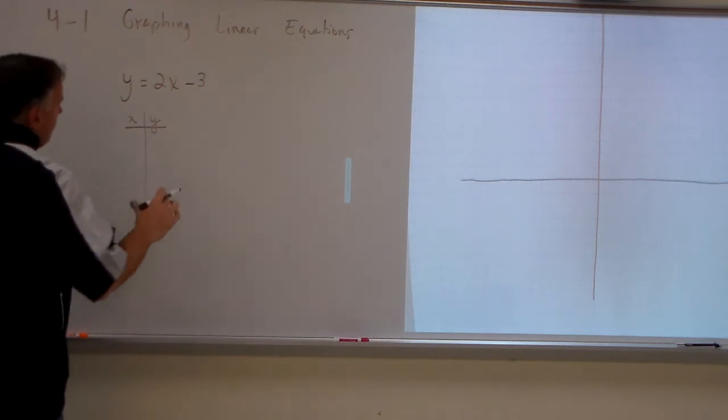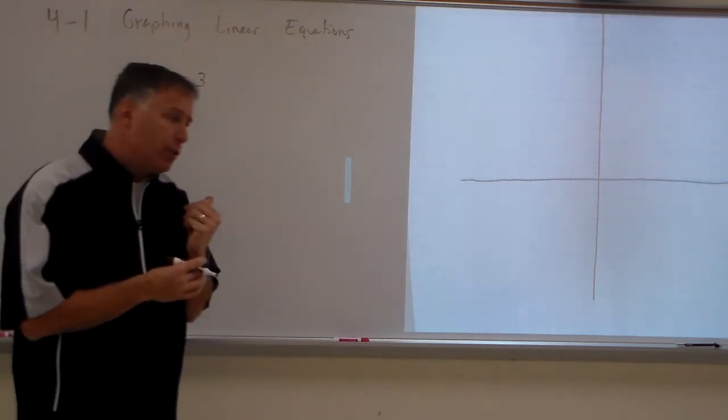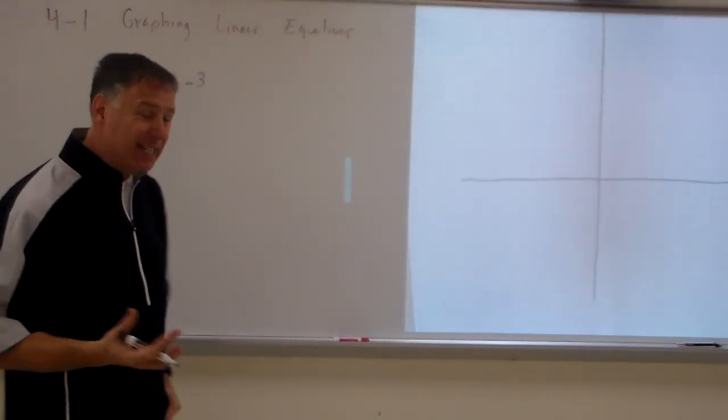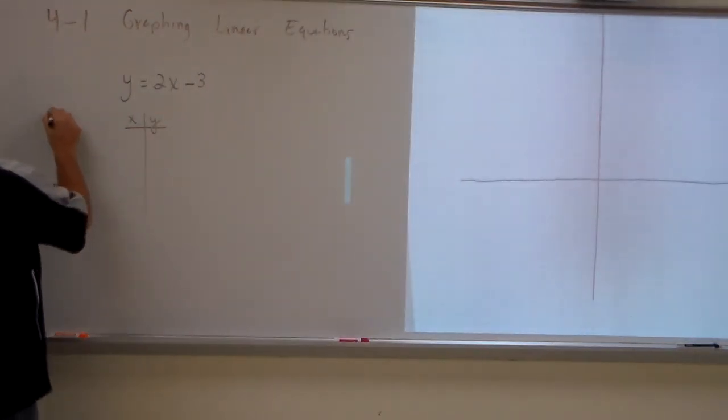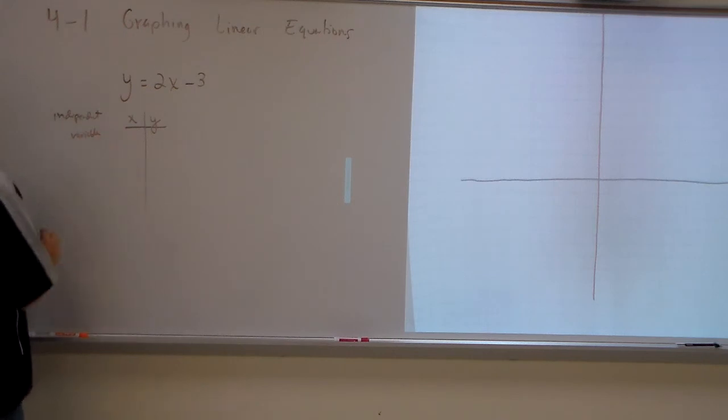So when you're graphing a linear equation, you can pick any points you want for your x. That's called your independent variable. It doesn't depend on anything.